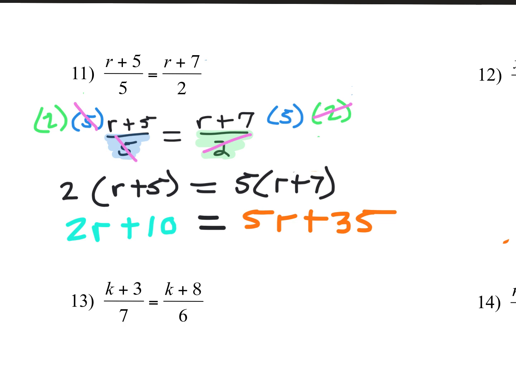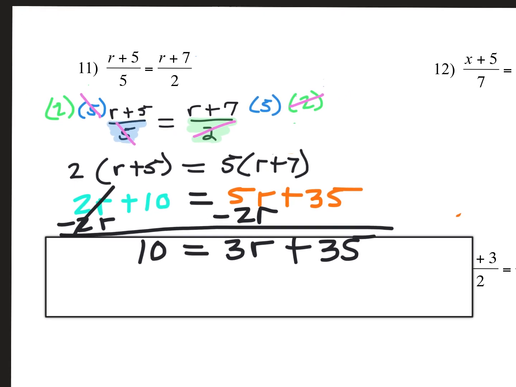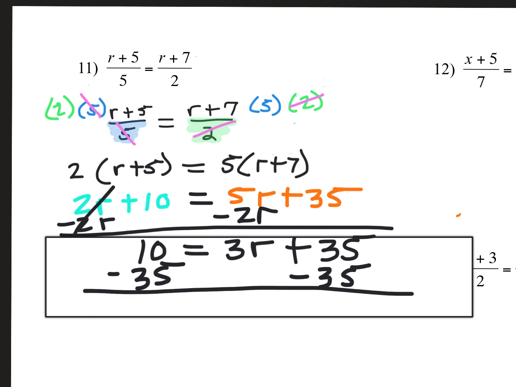Now I just need to get rid of one of the variables, so I'm going to subtract 2r from both sides because one of those variables has got to go. When I do that, those are going to cancel. I'm going to bring down that 10. 5r minus 2r is 3r plus 35. To fully isolate the variable, I need to subtract 35 from both sides. That leaves me with negative 25 is equal to 3r.